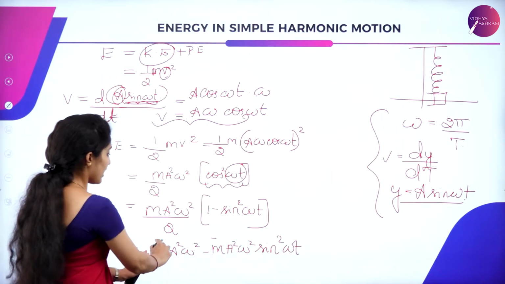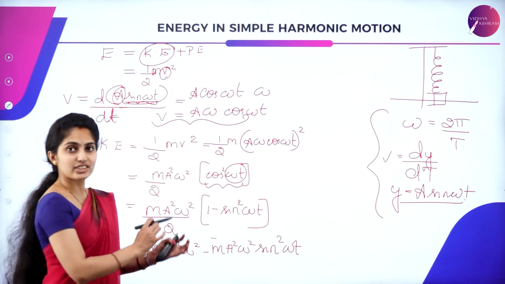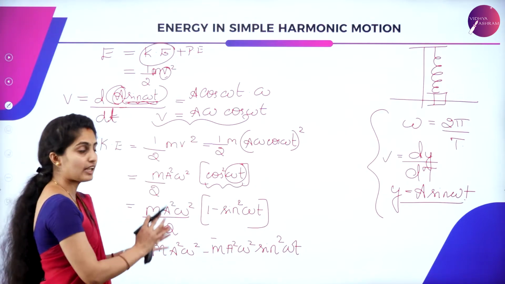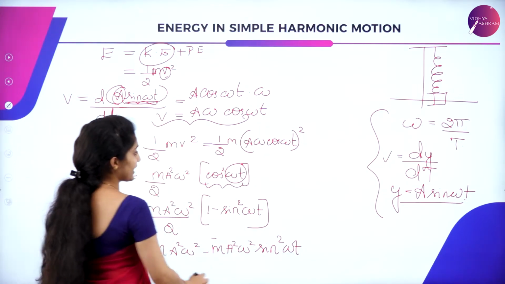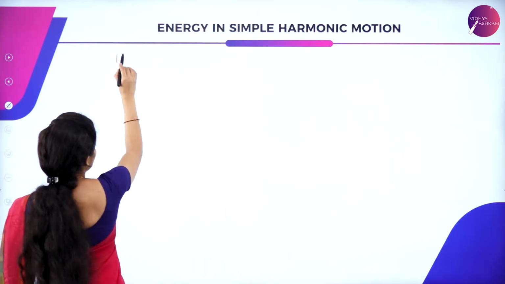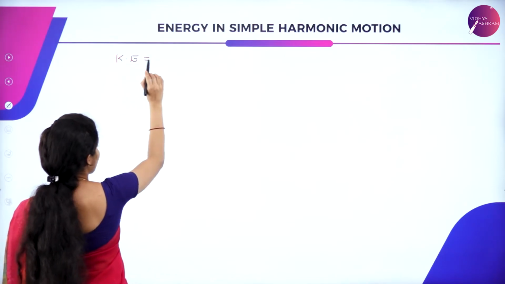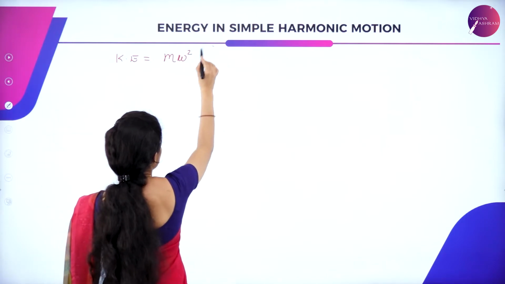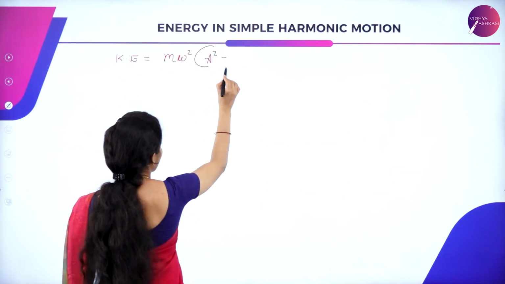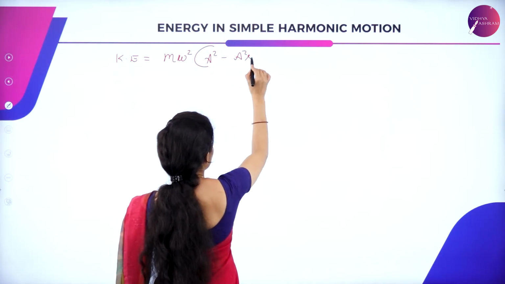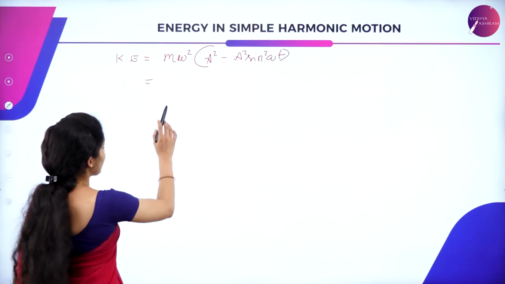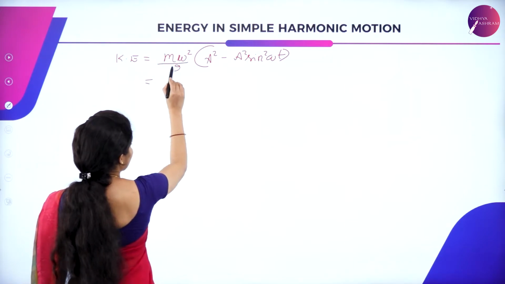You have m as a constant, just take it out. m and omega square you retain outside, and you take only a square. So kinetic energy is equal to m omega square into a square minus a square sine square omega t, divided by 2.